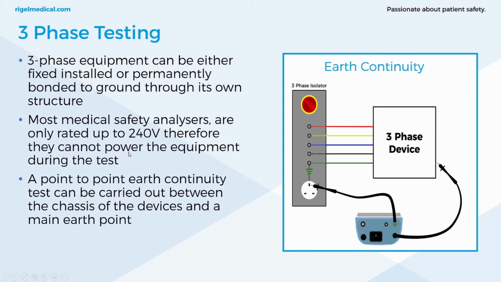We know that the medical devices cannot power up the equipment during the test. A point-to-point earth continuity test can be carried out between the chassis of the devices and a main earth point. So you want to have a common earth point so the earth bond can be measured. And fortunately we've got a how-to video on how this is performed, so I'll just play that now.